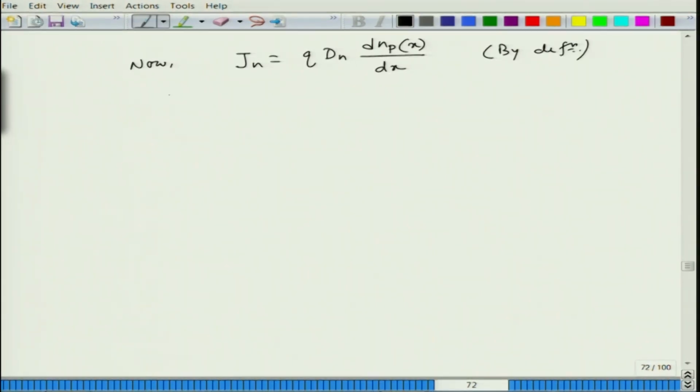Now, if we put this in the continuity equation, then what we get? We get the governing equation for the minority carriers, electrons, in the p side.